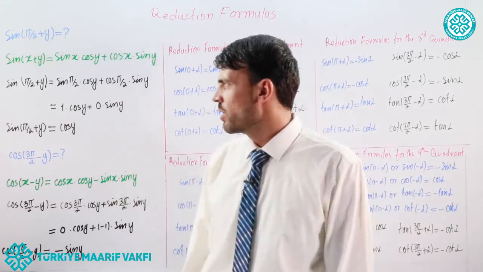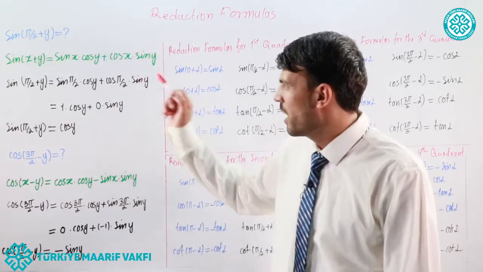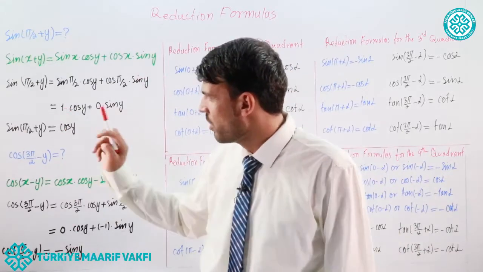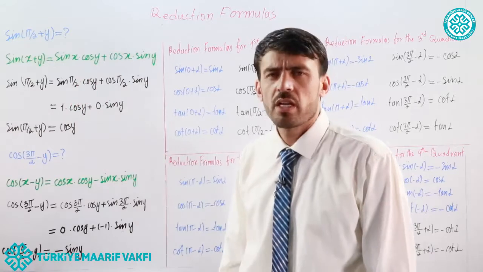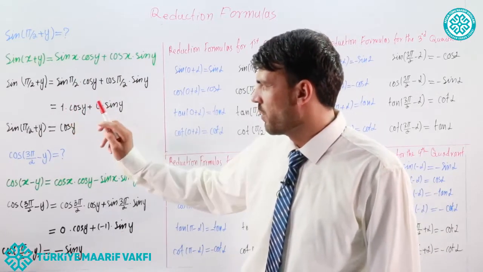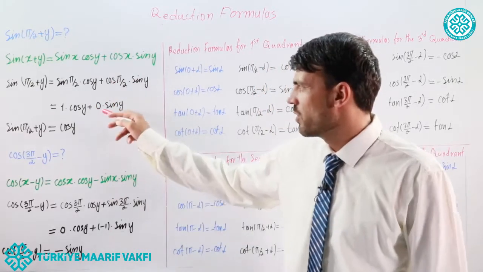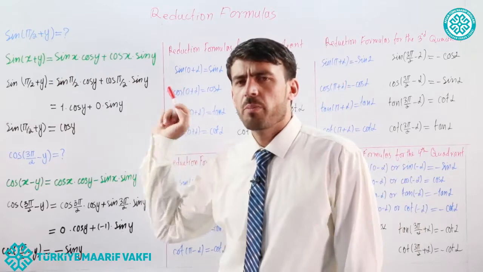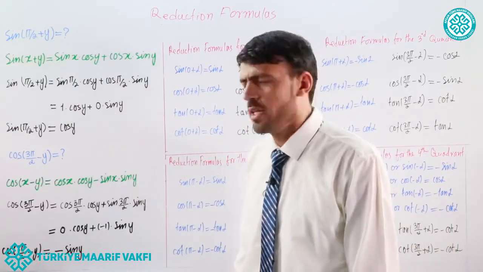Here we know the values of sine pi over 2 and cosine pi over 2. Sine pi over 2 is equal to 1, so we put that value multiplied by cosine y, plus cosine pi over 2, whose value is 0, multiplied by sine y.